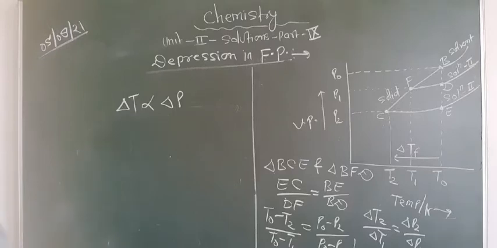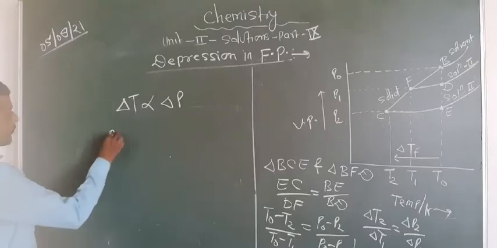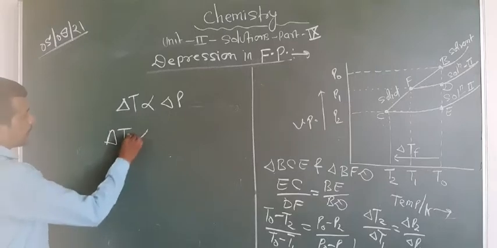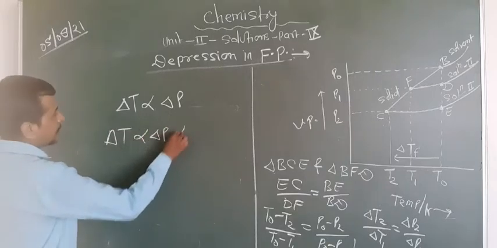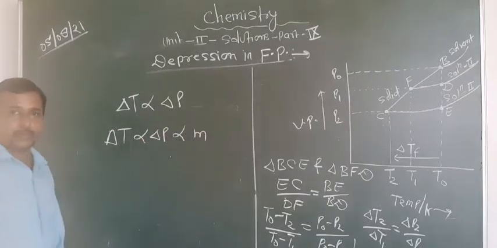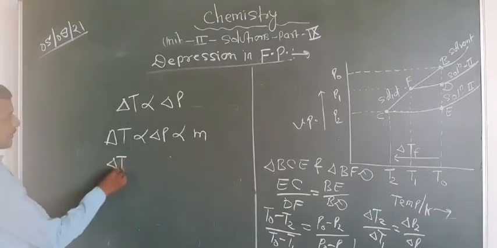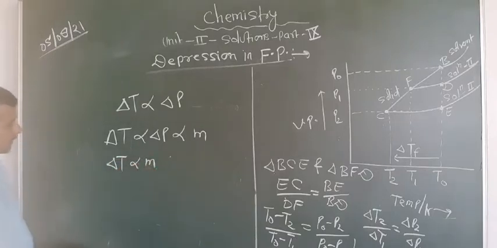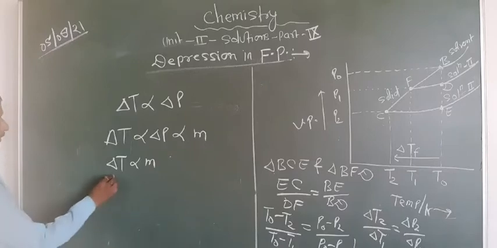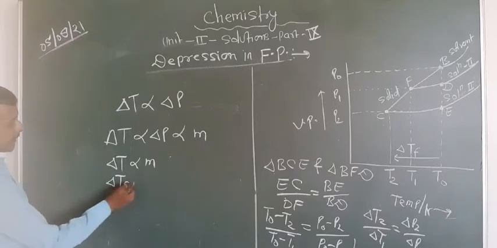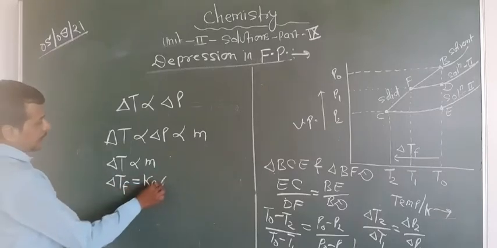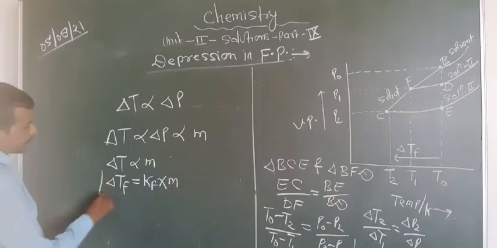So according to Raoult's law, delta T is directly proportional to delta P, and this is directly proportional to molality, that is the molar concentration. Hence you can write delta Tf equal to Kf into molality.